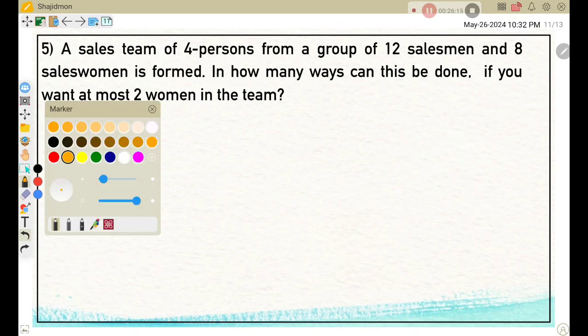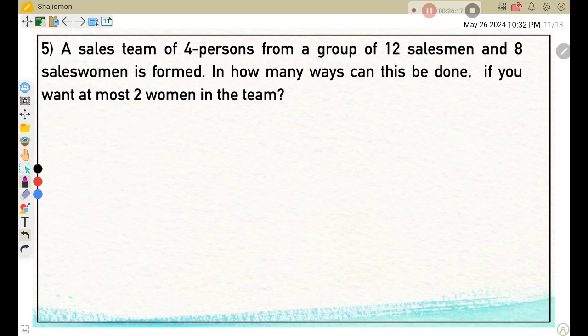Now we'll come to question number 5. This is also from the 4.3 section, from combination. The previous fourth question was from permutation, this is from combination. Same 4.3 section. So what is the question here?